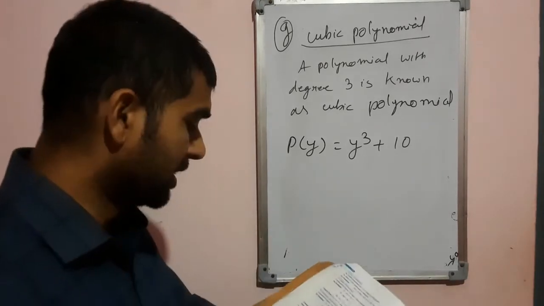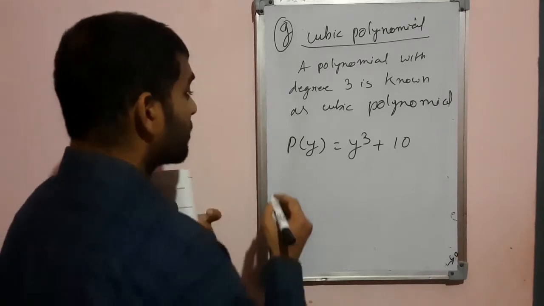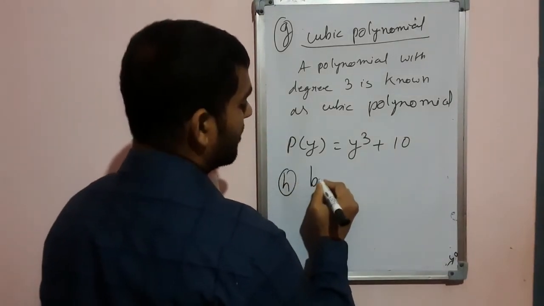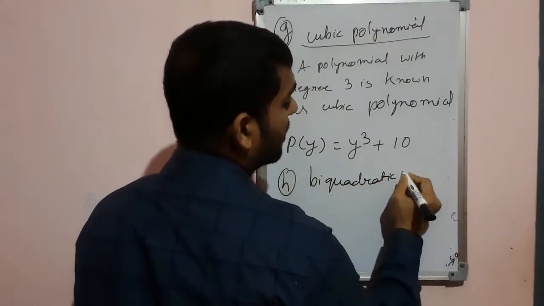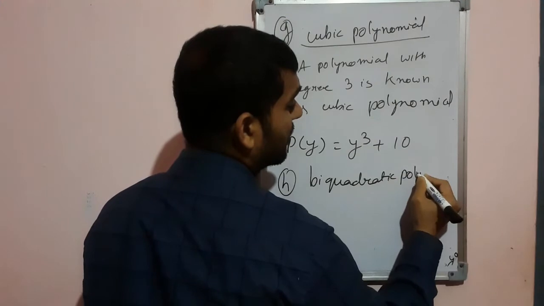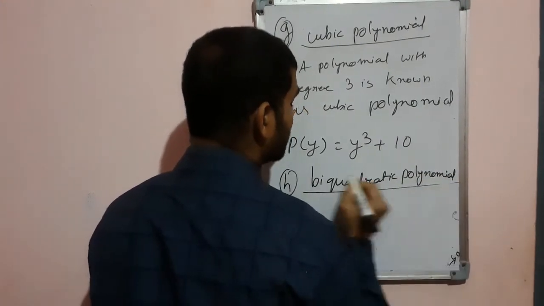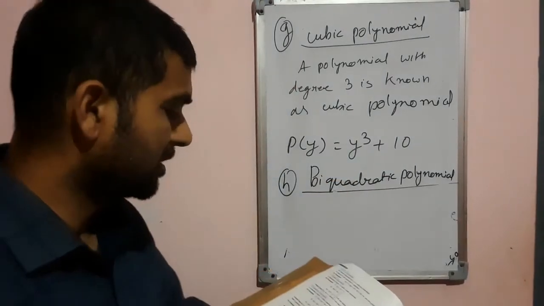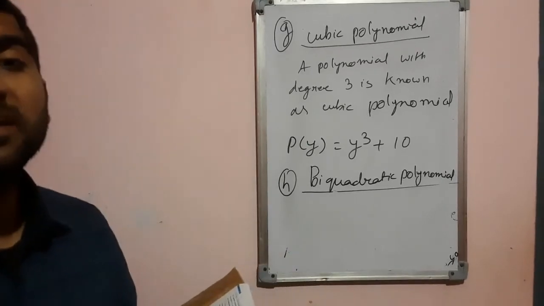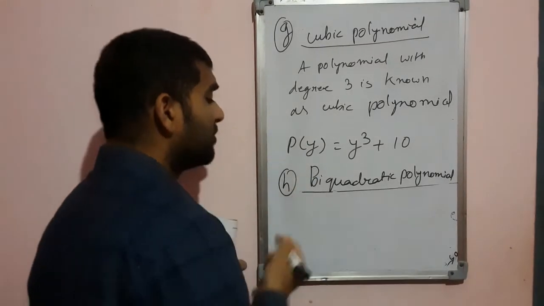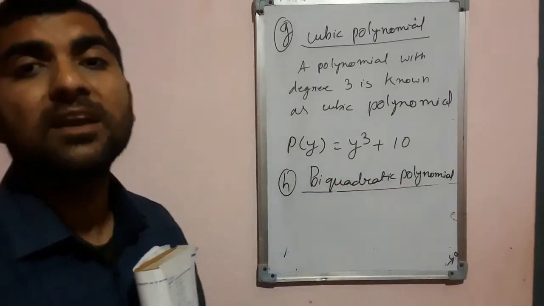Example already given here. Now let us move to biquadratic polynomial. What is the definition of a biquadratic polynomial? A polynomial with degree 4 is known as a biquadratic polynomial.